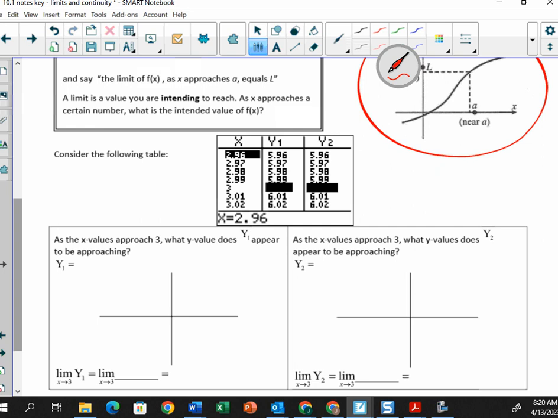So let's say this is the equation y equals x plus 3. That's our first equation. Just so you have an idea of where these calculator things came from. And let's say our second one is x squared minus 9 over x minus 3.